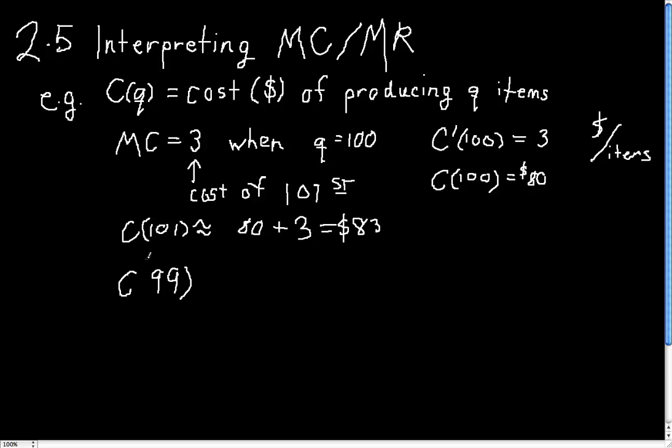And what is C of 99 in this case? I guess we can't find out exactly what it is. Again, this is an approximation. But C of 99 is roughly C of 100, which is 80, and then we subtract the 3 because we're going backwards. So this would be $77.